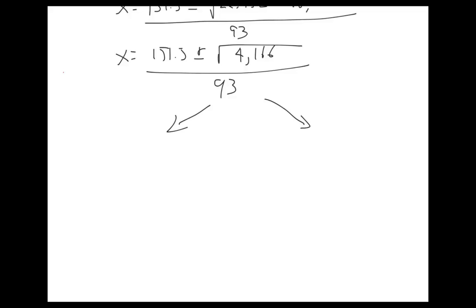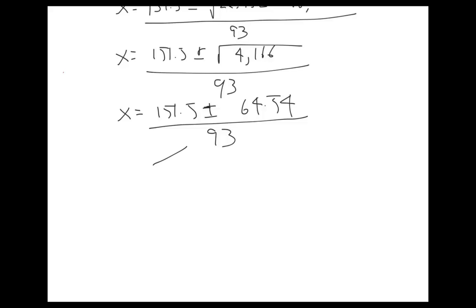Let's go through here for the plus and here the minus. Before that, let us solve the top part. So x will be equal to 151.5 plus minus 64.54, and we divide this by 93.